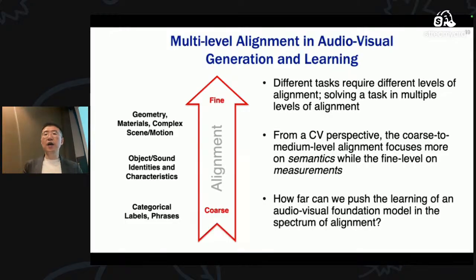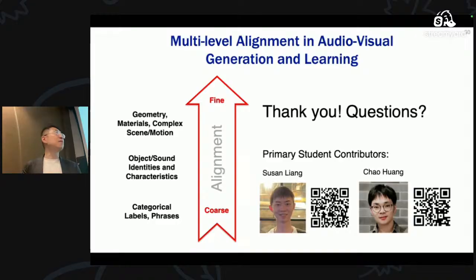Okay. So finally, those are the two students that contributed a lot to this presentation. Chao just graduated this month. Actually, I hooded him. He is going to join Tencent's Hunyuan team to build their Hunyuan large foundation model.